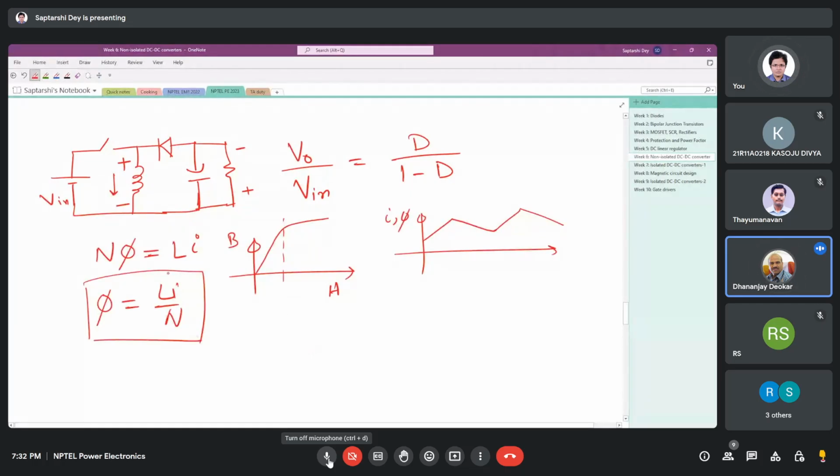Initially, you want to know the relation between phi and I, the scaling factor, right? Yes, it is this equation.